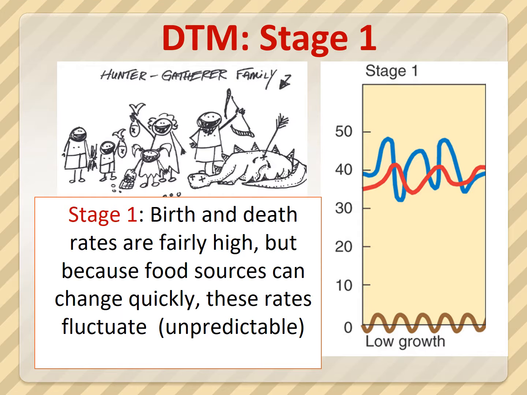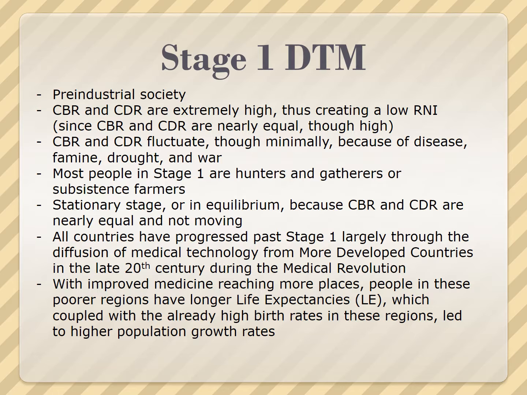DTM Stage 1. Birth and death rates are fairly high, but because food sources can change quickly, these rates fluctuate or are unpredictable, such as with hunting and gathering. It is a pre-industrial society.